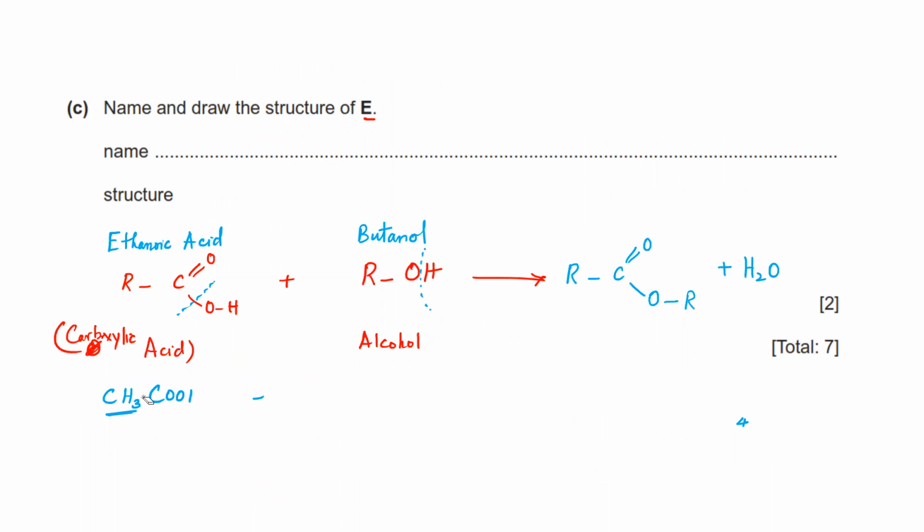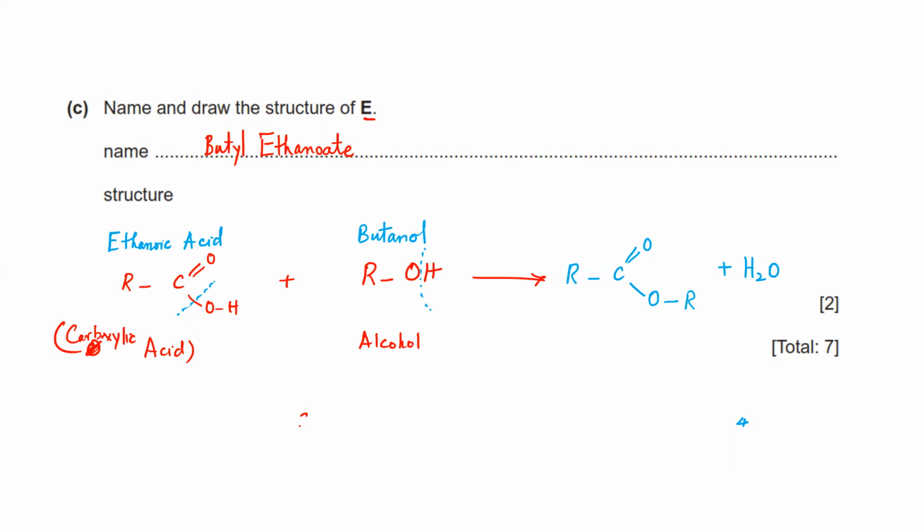So now let's draw this. Okay, let's draw the structure. And again, it is asking us for the name. So the name will be, let me write it in red. The butyl will come from here: butyl ethanoate. So the butyl ethanoate will be the compound.